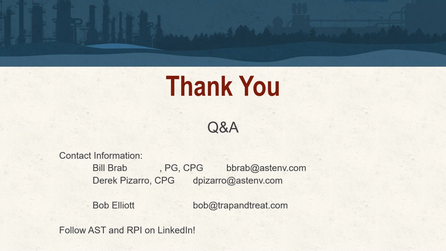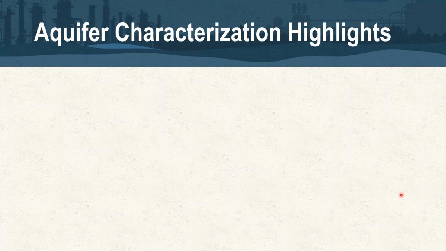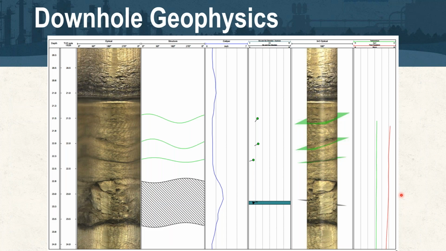Going back to some of the geophysical logs that we showed earlier, that's pretty standard these days. I have the ability to back it up here, I think. This example that Bill used, the resolution on some of these tools these days, whether it's an optical tool or an actual tool like a caliper, you've got great detail, and to skip one of these tools really isn't going to save you a lot of time or money on site.